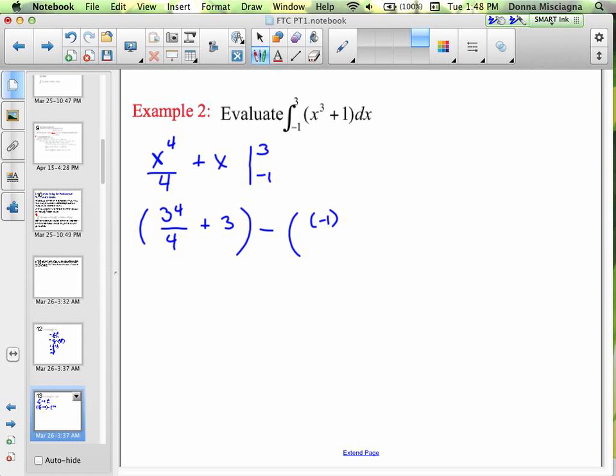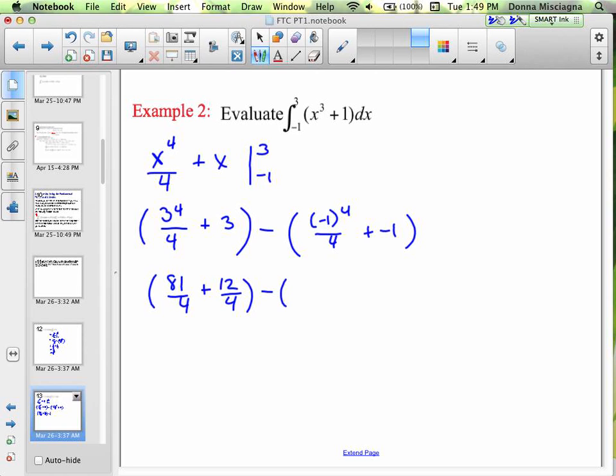So -1 to the 4th power divided by 4 plus -1. So 3 to the 4th power would be 81 divided by 4. And then we've got to change 3 so it has a common denominator, so we can combine that with the 81/4. So that would be 12/4, minus.